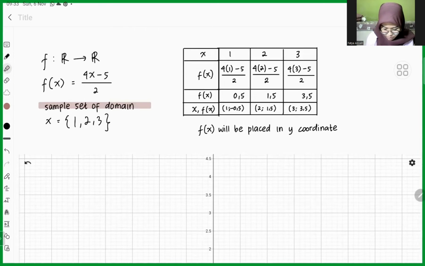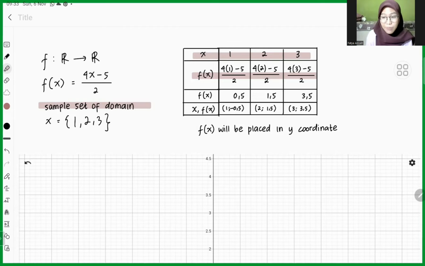We can use a table to see the domain and the range simply. We have the set of the domain here.